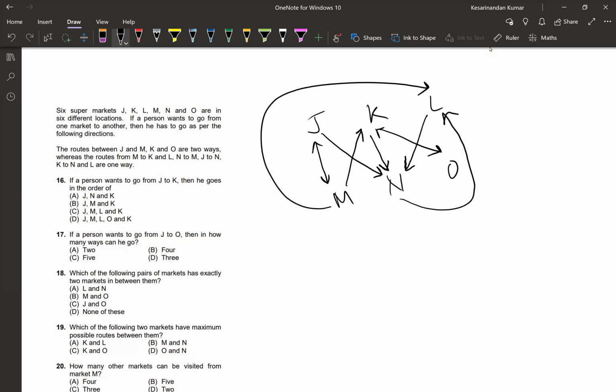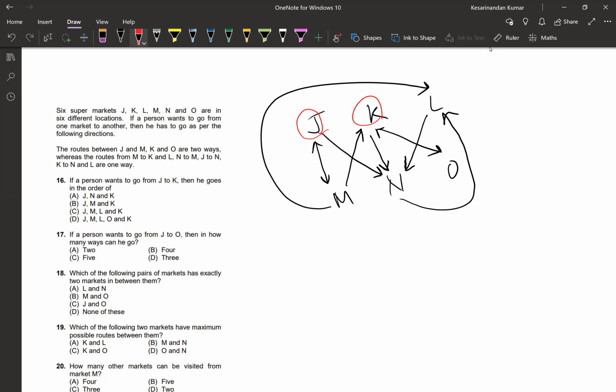Now, if a person wants to go from J to K, then in which order should he go? If the person has to reach K from J, let's not look at the options for now. From J, which are the positions that the person can go to? J to M. The perspective which we'll be using is a matrix method.